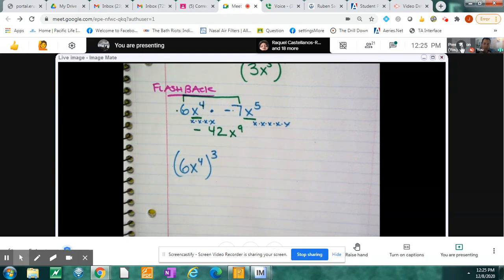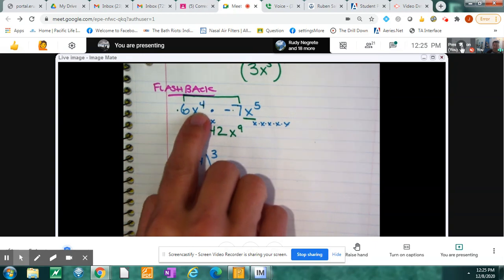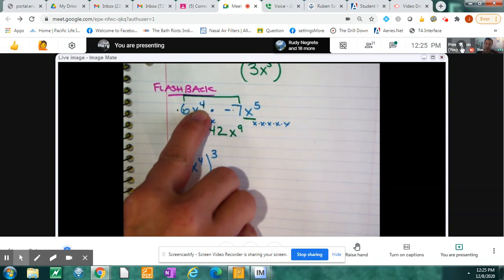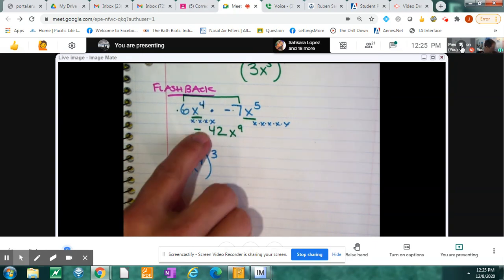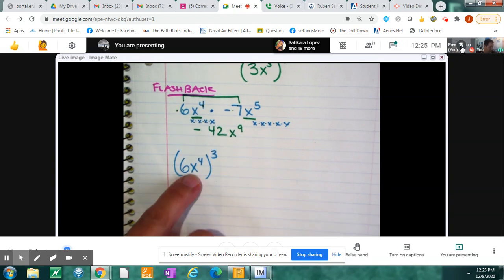So what are you going to do? Notice the x to the 4th is x four times, but here it's 6x to the 4th because it's in parentheses. Everything in the parentheses, you write it 3 times, multiplied by itself 3 times. So watch this, ready?